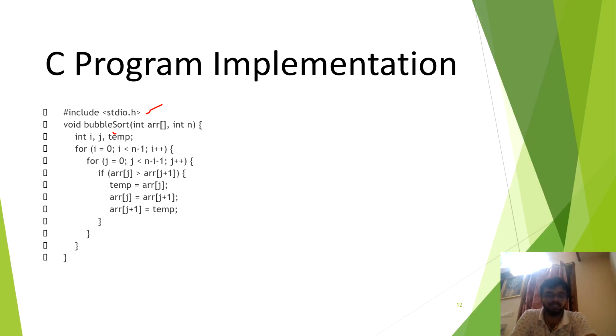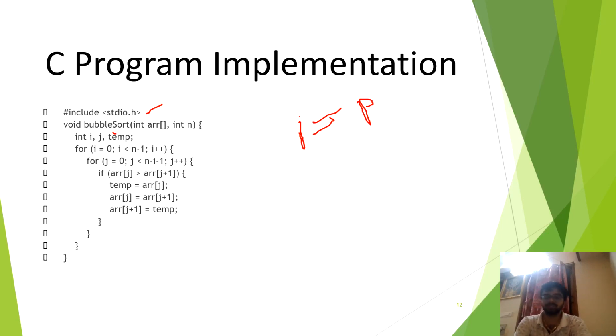First step, for i equal to 0, i less than n minus 1, i plus plus. This is for passes, like pass 1, pass 2, pass 3, pass 4. Then j: for j equal to 0, j less than n minus 1 minus i, j plus plus.